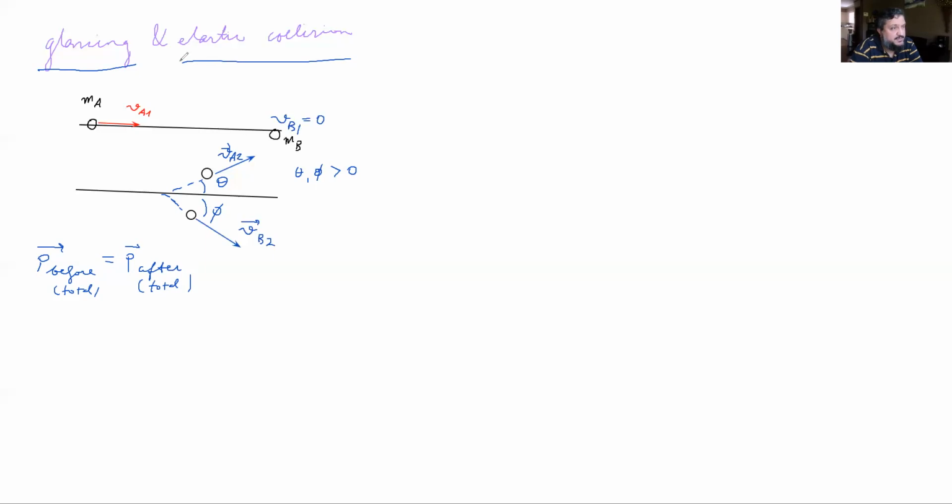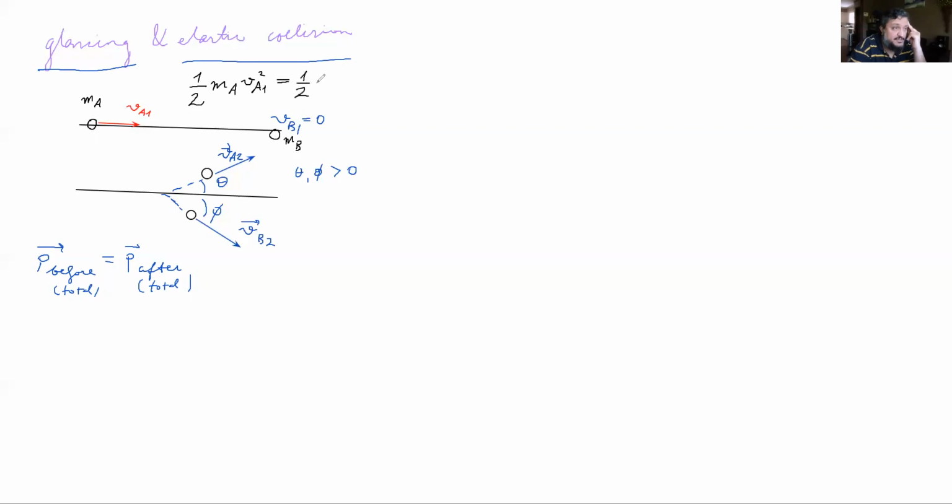Let me just write it here, the total kinetic energy before, for this example, is 1/2 MA VA1 squared. There's no contribution from the second guy. It's not moving. But after the collision, that one starts moving too.